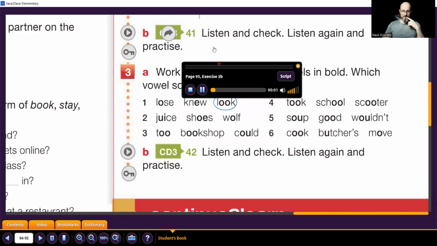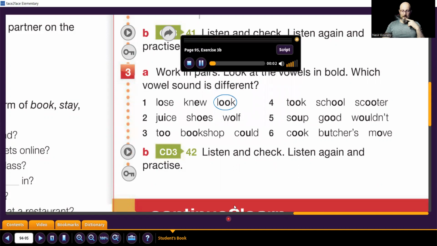Track 42. 1. Lose, new, look, 2. Juice, shoes, wolf. 3. 2, bookshop, could, 4.